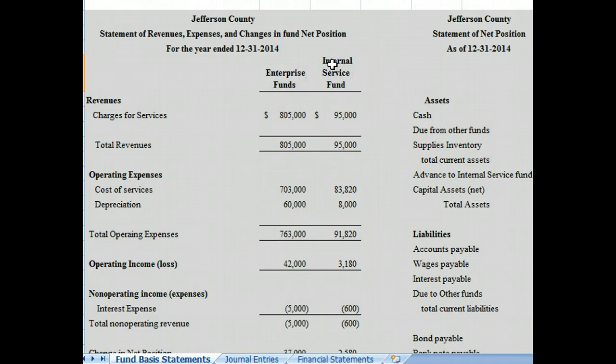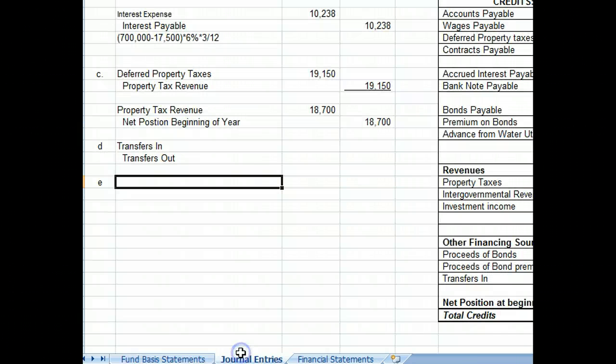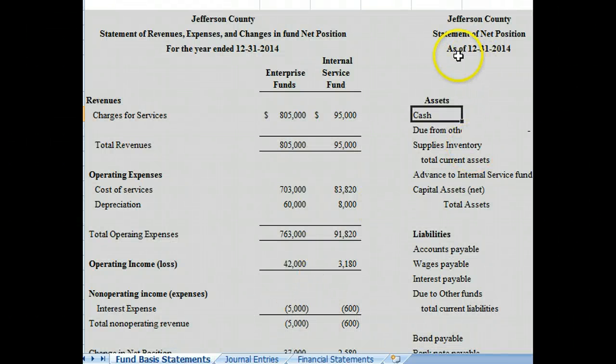And if you go over a little bit more, you'll see the statement of net position also. So let's go back to our journal entries. What we're going to be doing is bringing over these amounts.